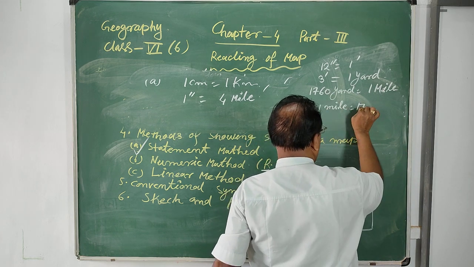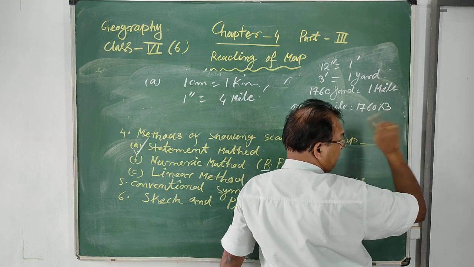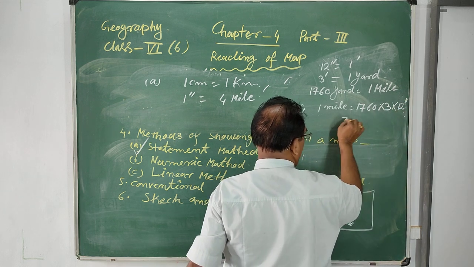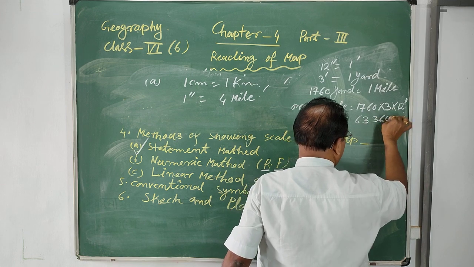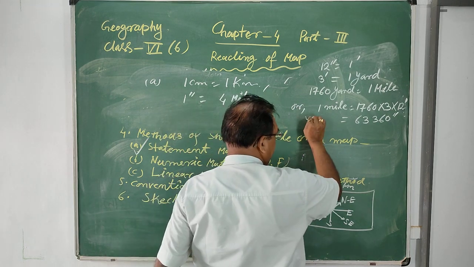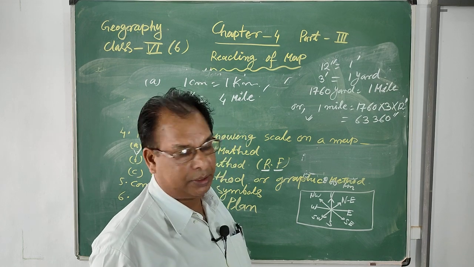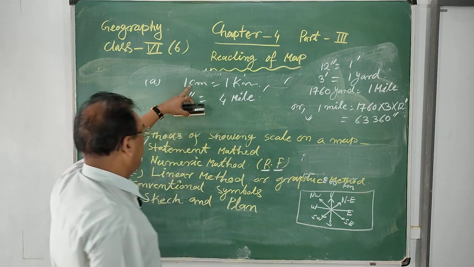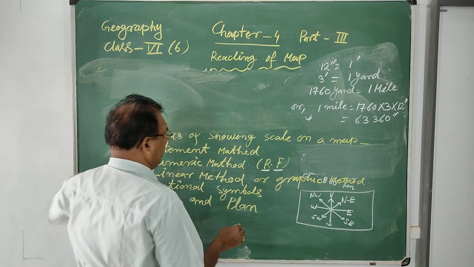That means 1760 multiplied by 3 feet, and then convert into inches by multiplying by 12. So you will find 63,360 inches. So you can say 1 mile is equal to 63,360 inches.